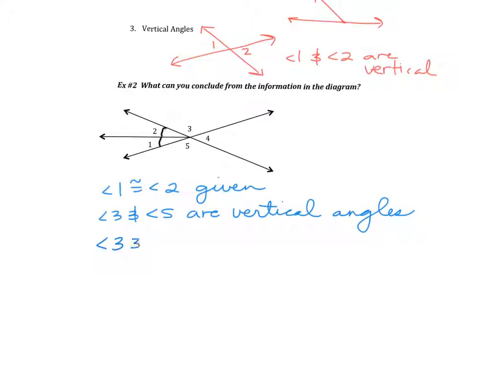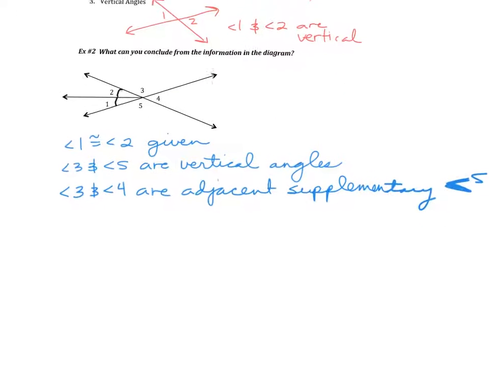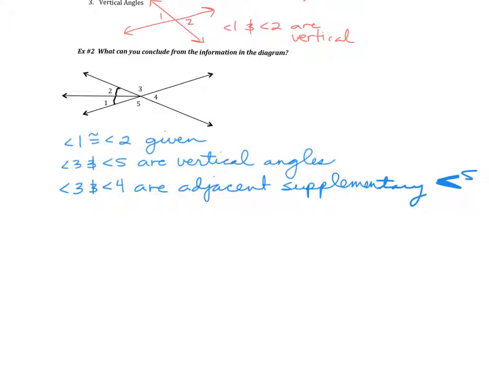You can say angle 3 and angle 4 are adjacent supplementary angles. That's my abbreviation for angles, by the way. Sorry. So 3 and 4 are adjacent supplementary.